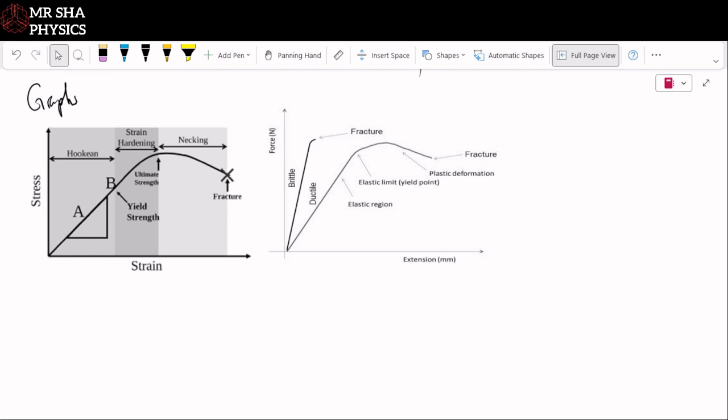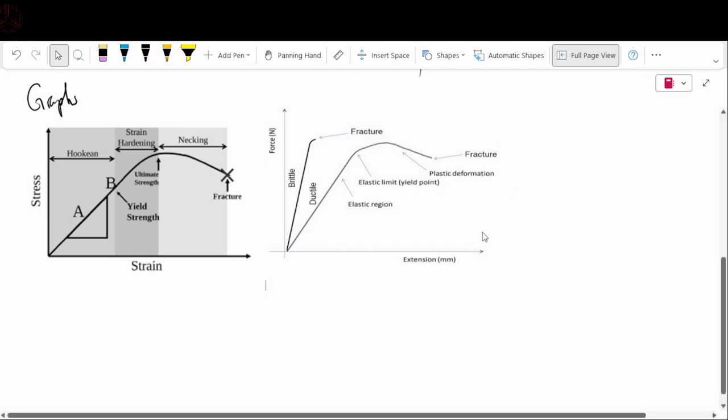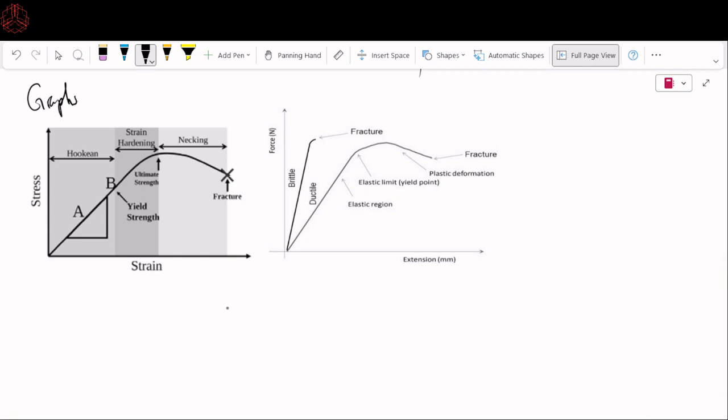Okay, so moving on to the graphs related to this topic, we have two graphs that we want to consider, which is the stress strain graph, and the force extension graph. A few characteristics: this is what happens when you apply more and more stress, or you make more and more extension onto a material by force, meaning either you push or pull.